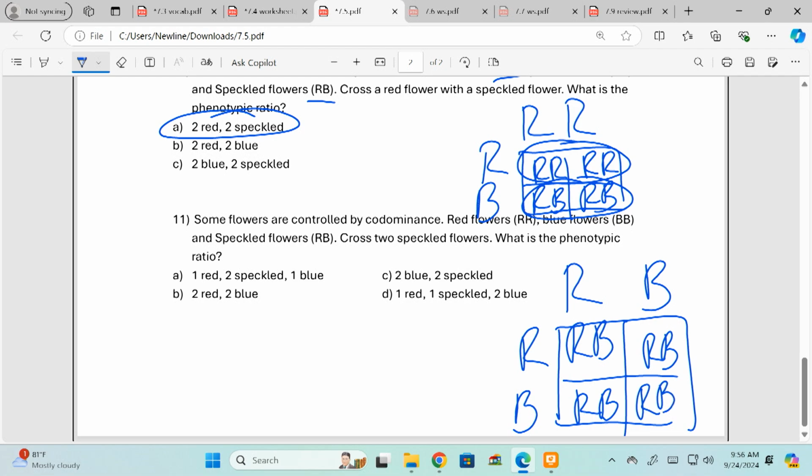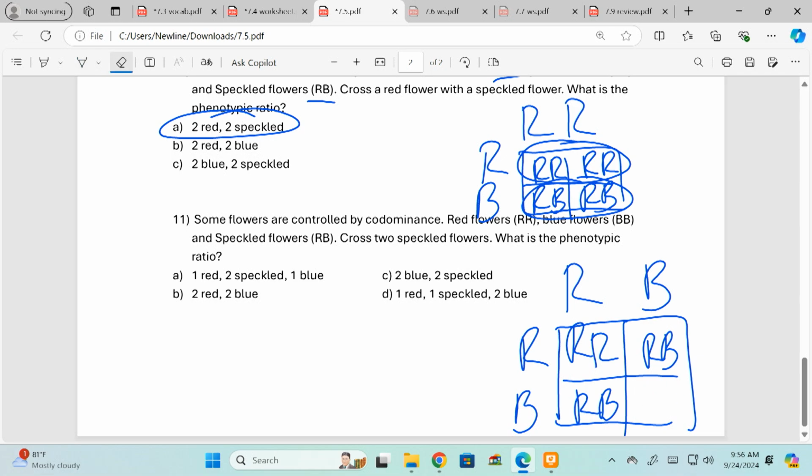Okay, so when you cross 2, sorry, I almost gave you all the wrong information there. And then this one's going to be BB. So y'all, I know I almost just made a mistake there. It just goes to show a lot of times people try to do these Punnett squares in your head.